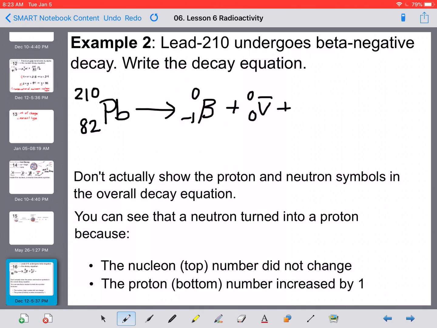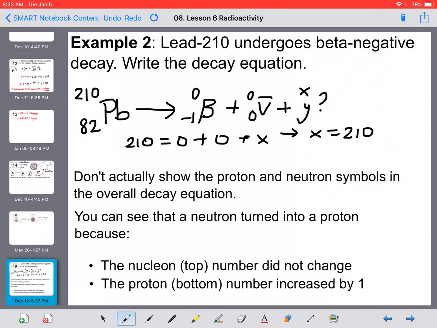And now we're going to write down what the daughter product is. So we're going to do the same thing. We're going to use conservation of charge and conservation of nucleons. So let's begin with conservation of nucleons. So I'll do this again. We have some daughter product, which has top number x and bottom number y. The idea is 210 is equal to 0 plus 0 plus x. So x must be equal to 210.